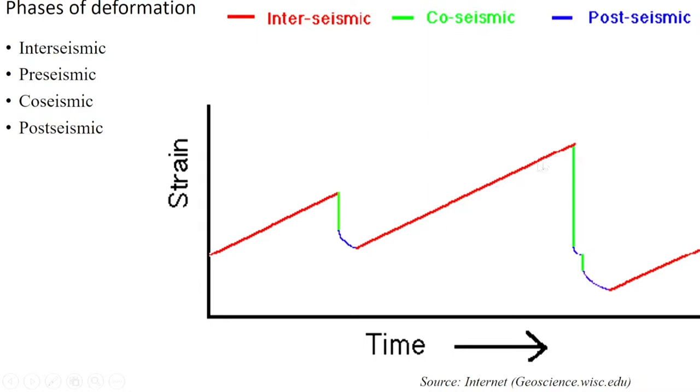If it takes more time, the slip activity will be larger. You can see how much strain has been released, and this great earthquake has sufficient potential to trigger another medium-sized big earthquake like this. It is always possible.